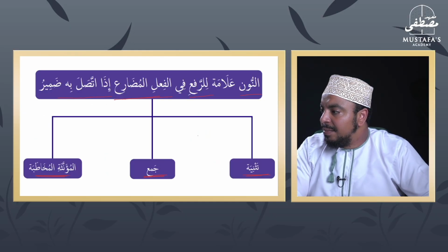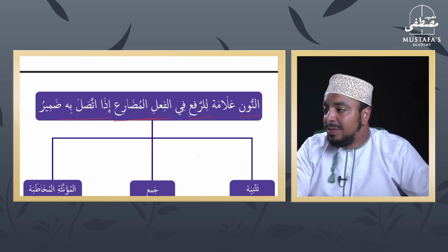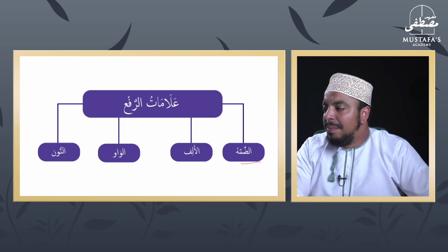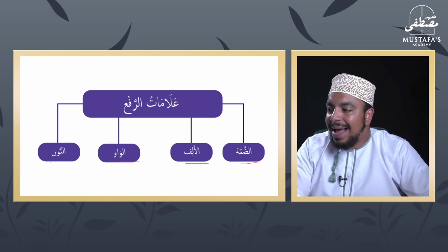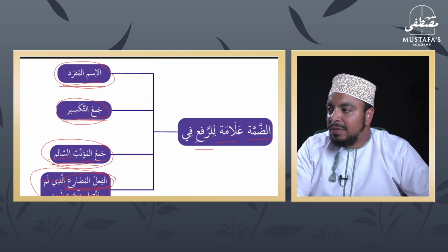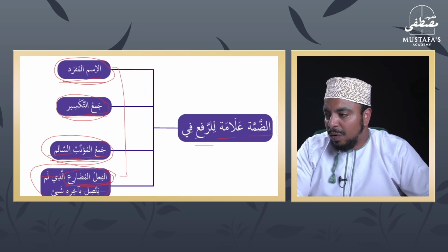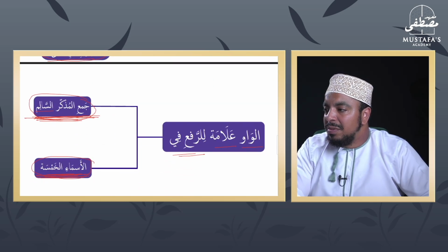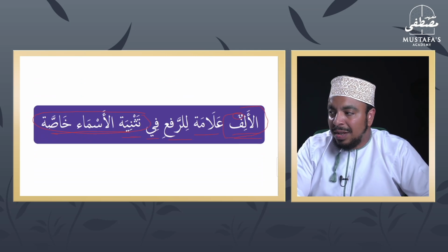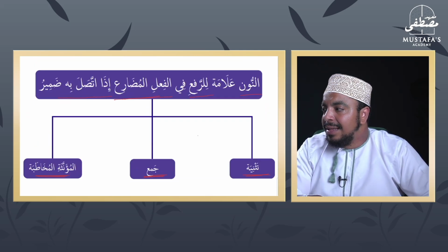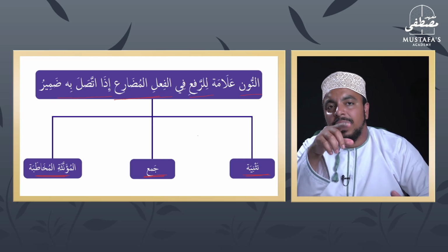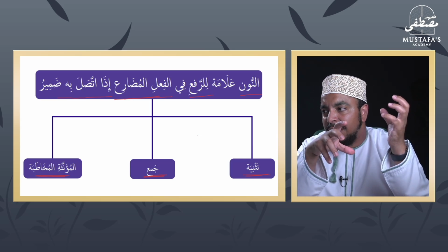If you look at the notes for علامات الرفع, the signs of الرفع, we said that they are the dhamma, alif, waw, and noon, isn't it? For the dhamma, these four particular types of words, and then for the waw, these two types of words, and for the alif, only one type of word, which is the dual, and the noon for the five particular nouns, which is one category of words.